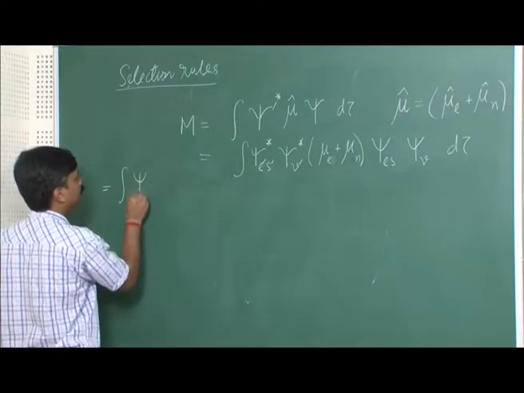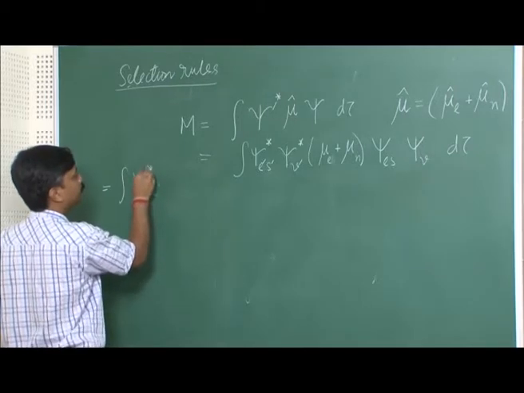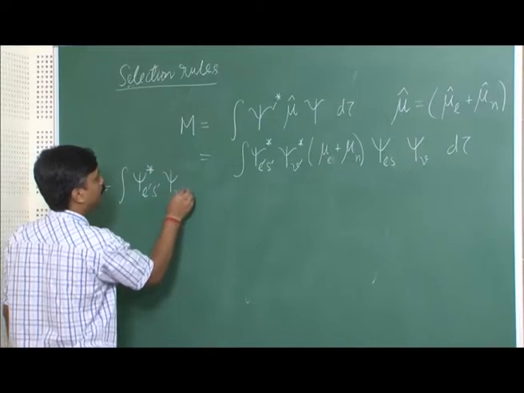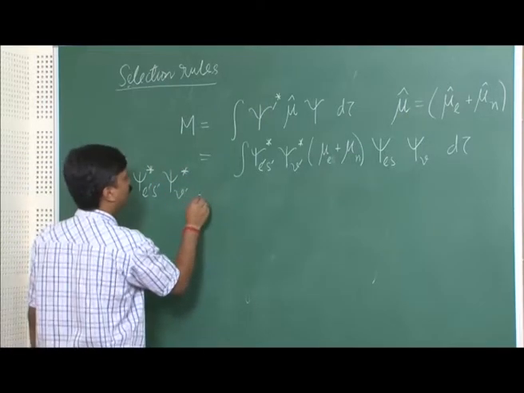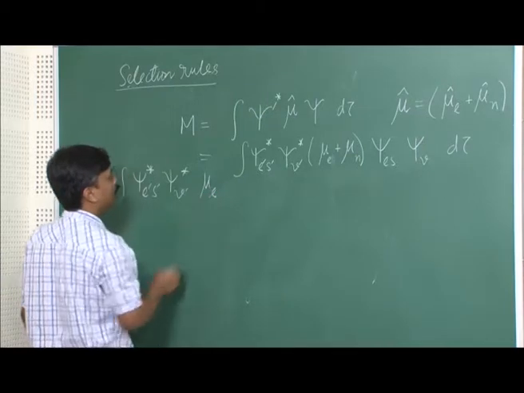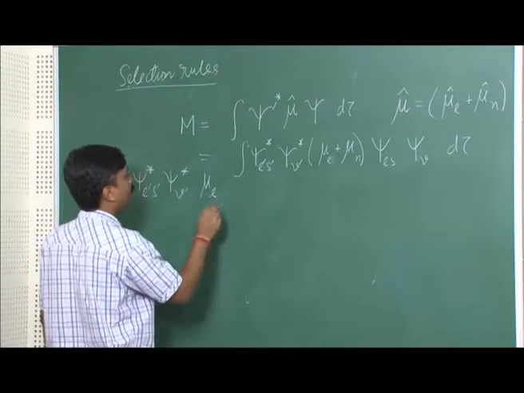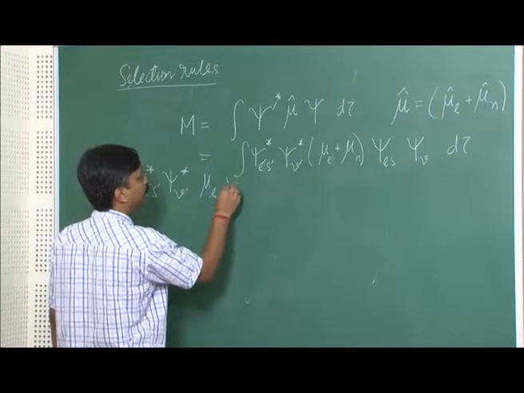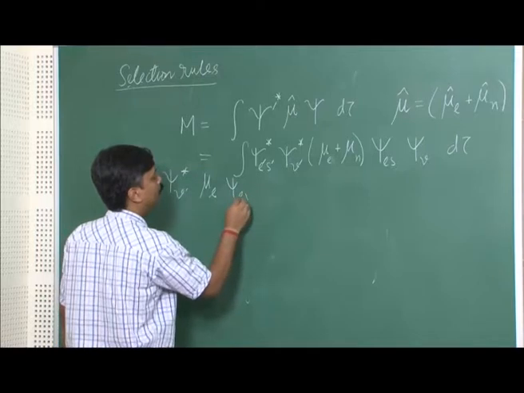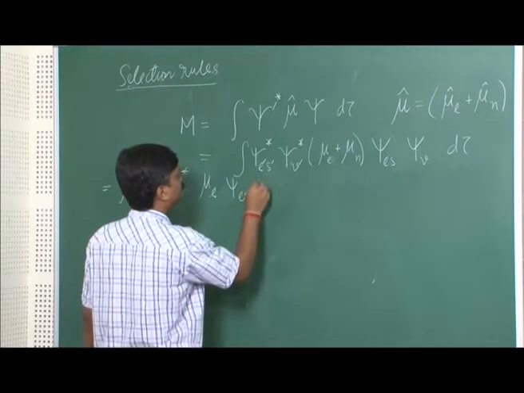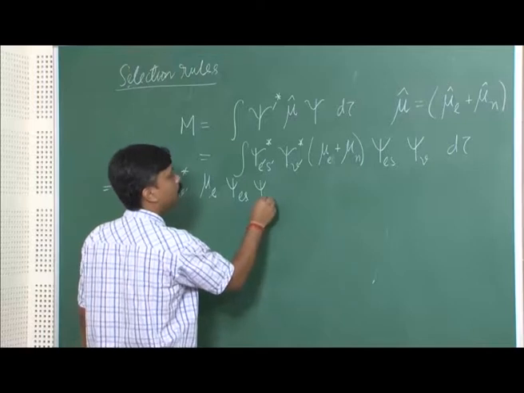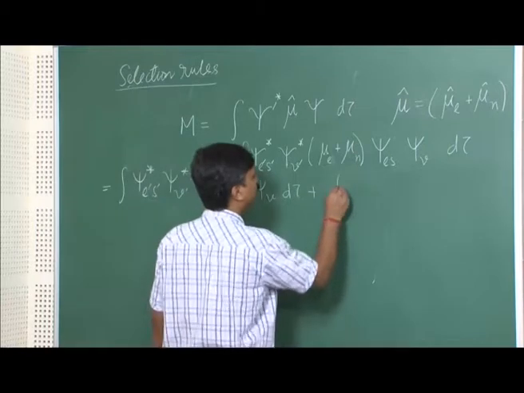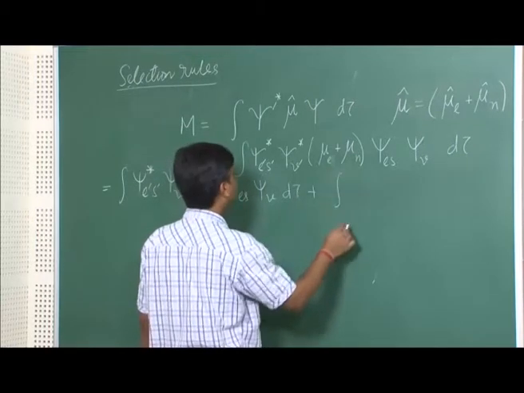So I can have psi E prime S prime, psi V prime, and I can have it over mu E, and you have the left over part, that is psi ES psi V d tau, plus the other integral using this mu N coordinate, right.